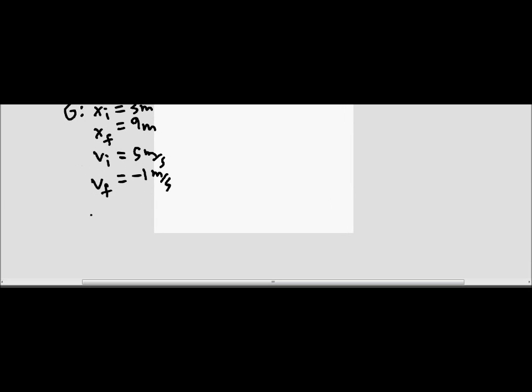So for our givens, its starting x position is 3 meters, its final x position is 9 meters, its initial velocity is 5 meters per second, its final velocity is -1 meters per second, and the change in time, or the final time minus the initial time, or 8 seconds minus 5 seconds, is equal to 3 seconds.